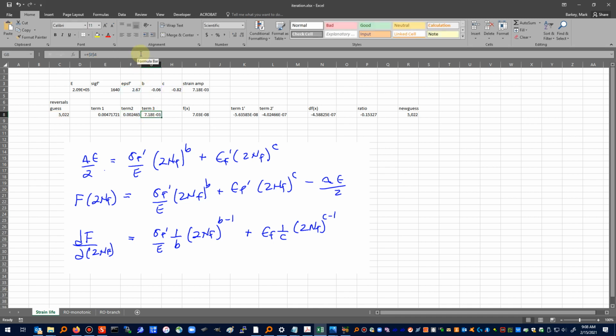And then my third term, my strain amplitude, this should actually be a minus right here. Oh, well, if I put that a minus, I need to make this a plus. Okay, so my total f of x, or f of 2Nf, is this term and this term and this term.